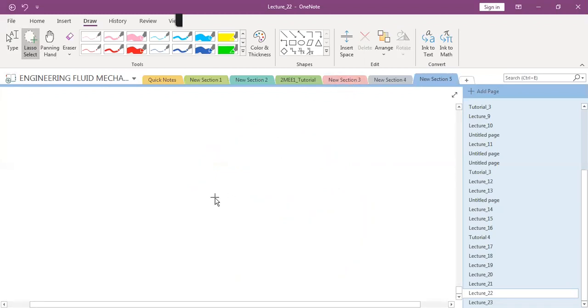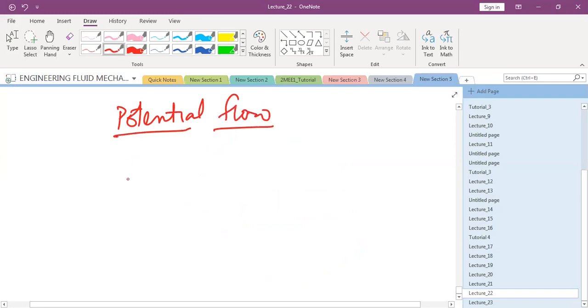So I'm coming formally to the potential flow part. Why do we call it potential flow? By the way, what is potential flow?